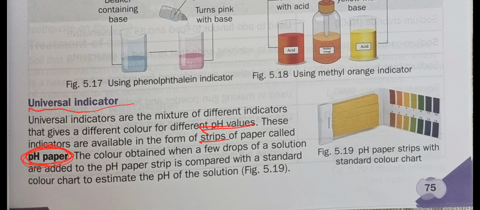The color obtained when a few drops of the solution are added to the pH paper strip is compared with a standard color chart to estimate the pH of the solution. You can see here figure 5.19, pH paper strips with standard color chart.